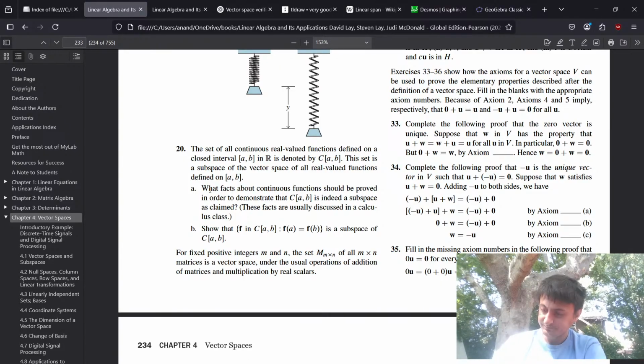Now we want to show, let's say we have f and g, then f plus g at a is going to give us f of a plus g of a, which is going to be equal to, on the right hand side, f of b plus g of b. And since we know that f of b is equal to f of a and g of a is equal to g of b, these match and it's equal.